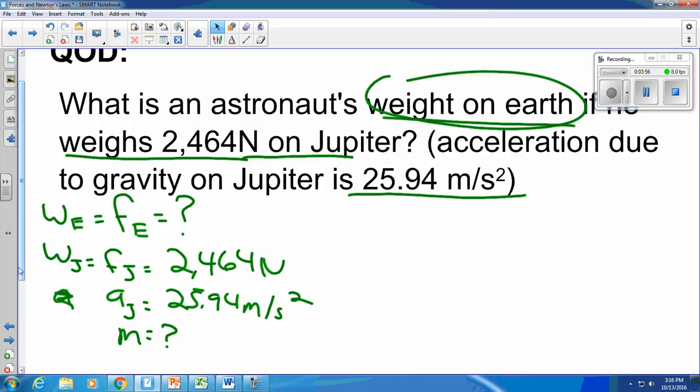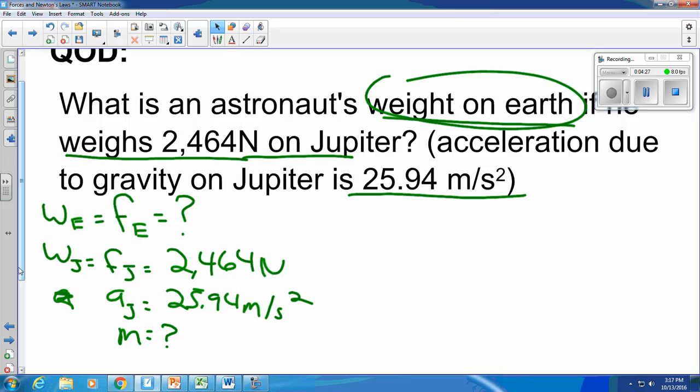I need a mass. Well, something we learned yesterday is that weight is the force of gravity on your body. Therefore, your weight on Jupiter, because it's a bigger planet, should be more than your weight on Earth. However, I know that the stuff that makes up you, the matter that's actually in there, does not care if you're on Earth or on Jupiter or on a star, because the stuff is not going to change. Gravity changed.